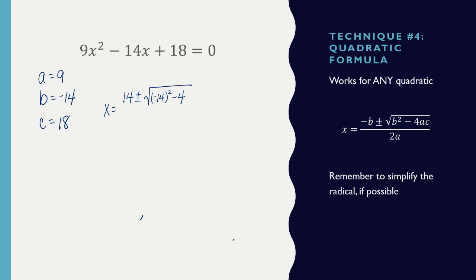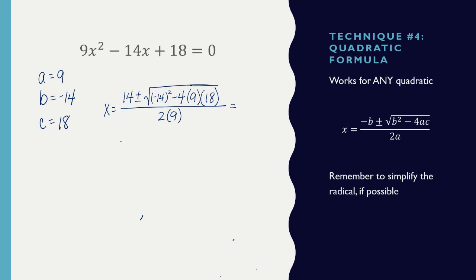So negative 14 or positive 14 squared is always going to be a positive 196. And then I'm going to take 4 times A, which is 9, times C, which is 18. You can see clearly this is going to require a calculator. Can't do this math in our heads very easily. And then that's all going to be over 2 times A, which is 9.